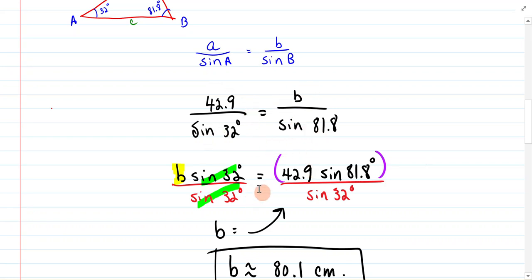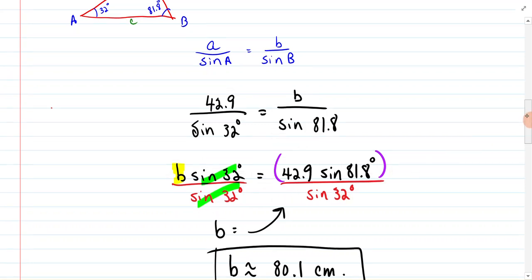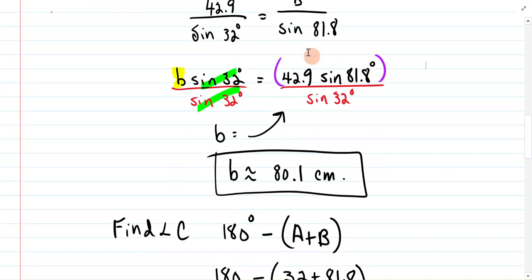So b sine 32 equals 42.9 times sine of 81.8. Since I'm trying to solve for b, I'm going to divide by sine 32. So when I do that over here, it cancels out, and I have b is equal to this. And then you can do that in your calculator. Be sure you're in degree mode, and you will get b equals 80.1.